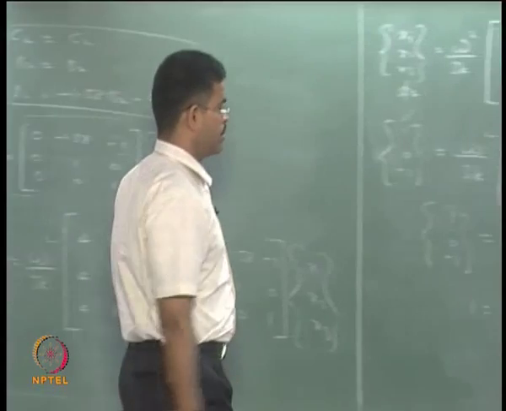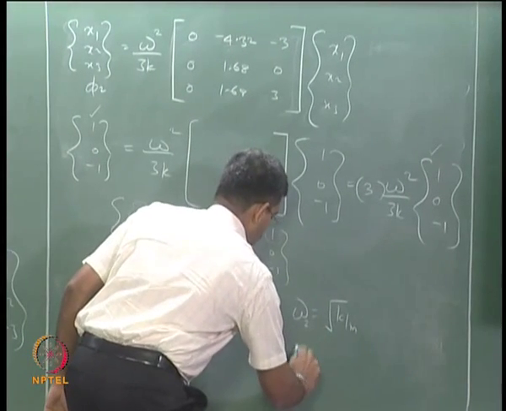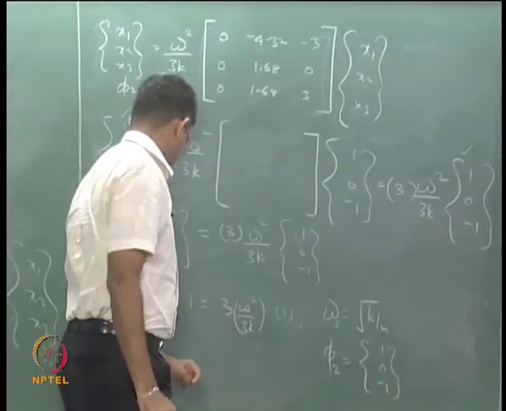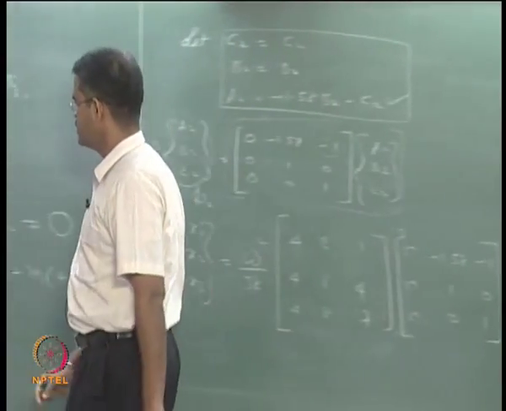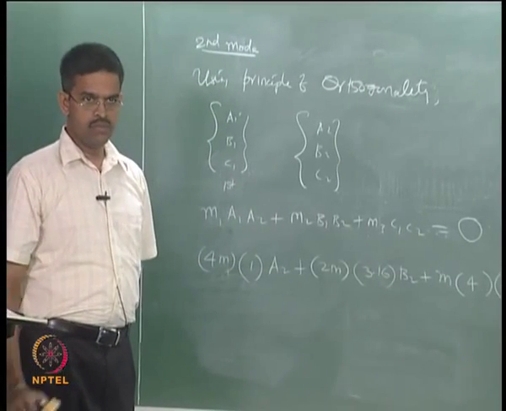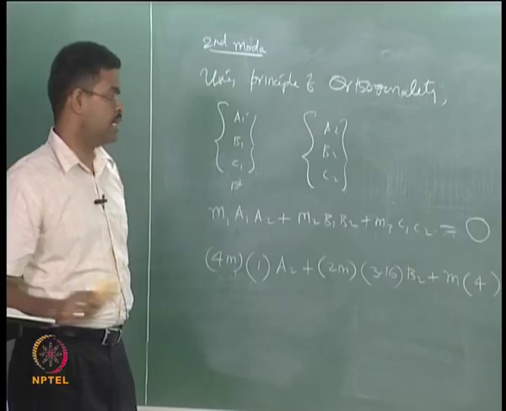I can call this as omega 2, and the corresponding mode shape is 1 0 minus 1. Any doubt here? So let us try to do the third mode.